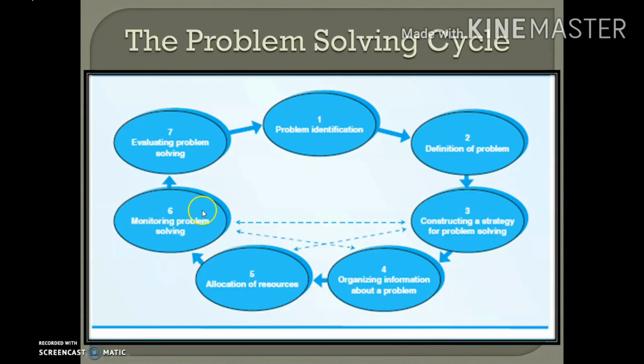Sixth, I monitor the problem through always checking on my tío if the laptop is free to use. And I evaluate the problem. Did I solve the problem correctly? Perhaps I did, because I'm already working on the report.